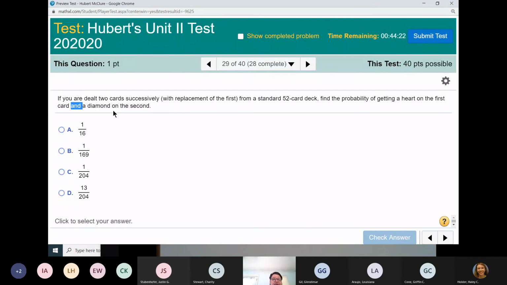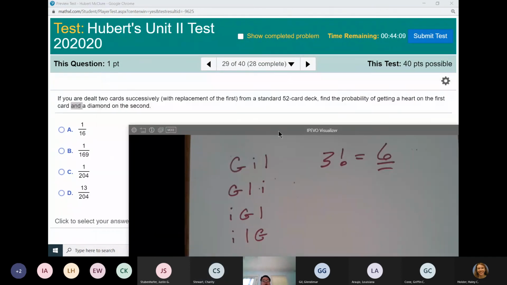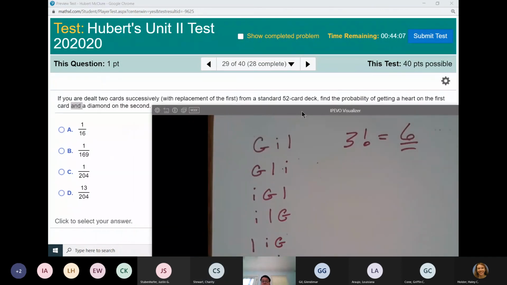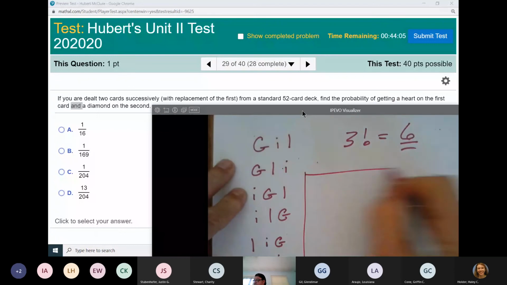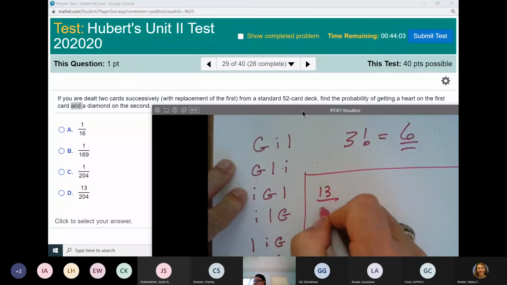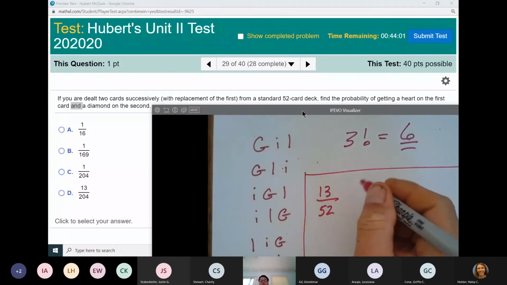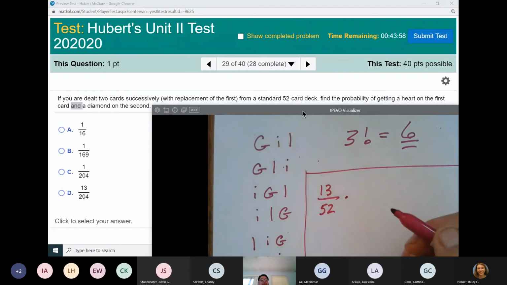Good job. So what do they ask for first? How many hearts are there in a deck of cards? 13. So they asked for a heart, 13 over 52. And then they put the card back and then a diamond on the second.